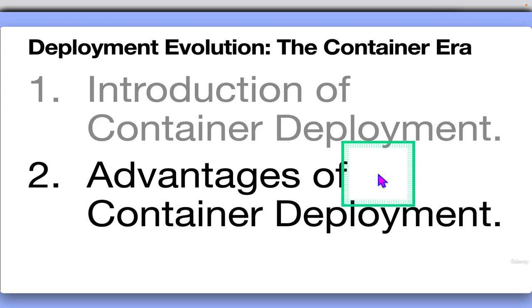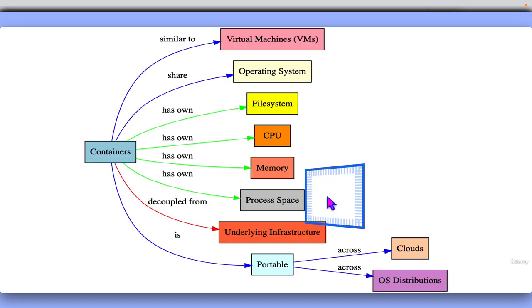Containers became popular due to benefits like agile application creation and deployment, continuous development and deployment, dev and ops separation of concerns, observability, environmental consistency, portability, application-centric management, and efficient resource utilization.